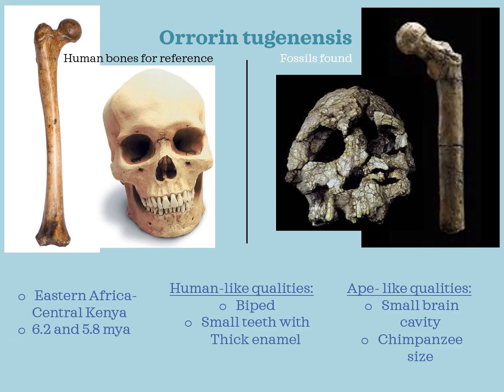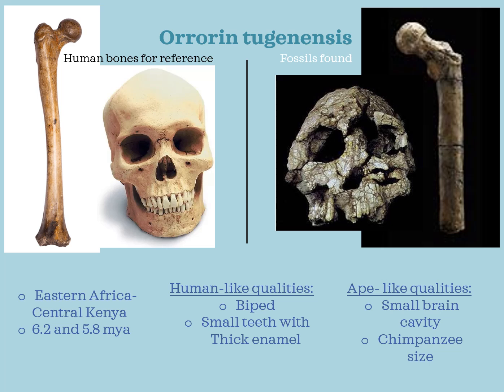On the next slide, we see Orrorin tugenensis, which lived around 6 million years ago and is one of the earliest members of our family tree. This species is roughly the size of a chimpanzee and has small teeth with thick enamel resembling modern humans. The key fossil of this species is an upper femur, which displays signs of bone development typical of bipeds.